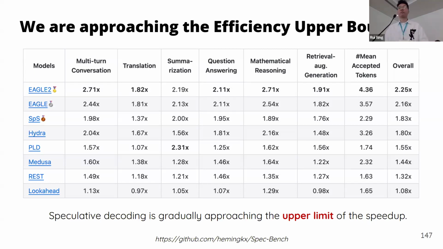Because you require the smaller model to be very accurate, to speculate very well on the future behaviors of the target large language model. It is a very strict requirement, right? So we all agree that maybe the upper bound is 4 to 5 mean accepted tokens. And if we ignore the verification latency and the drafting latency, maybe the upper bound of the speed up is 4 to 5 times, right?